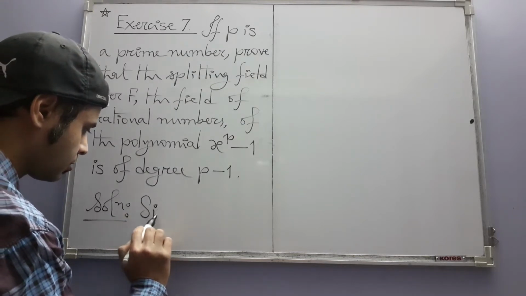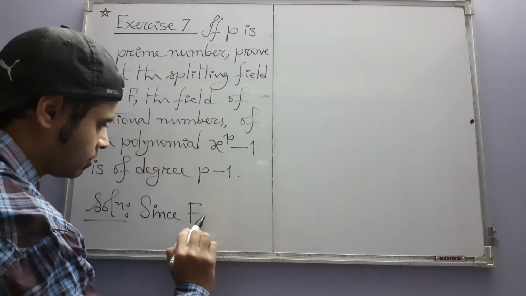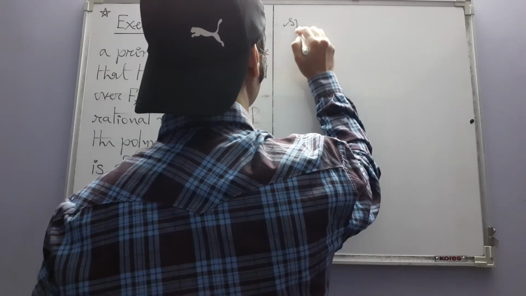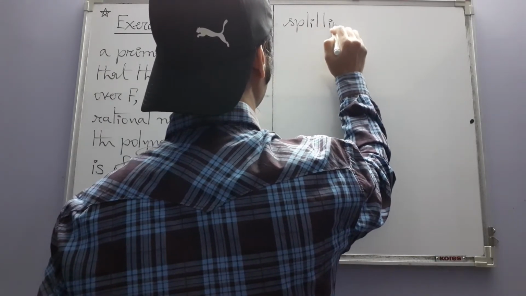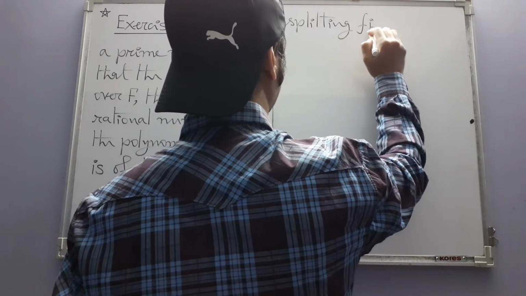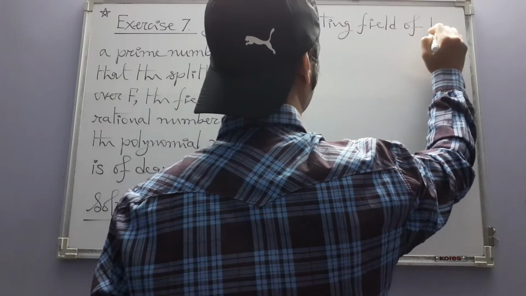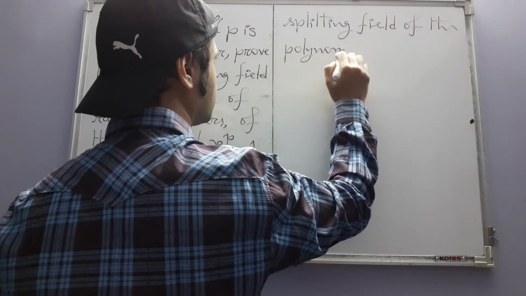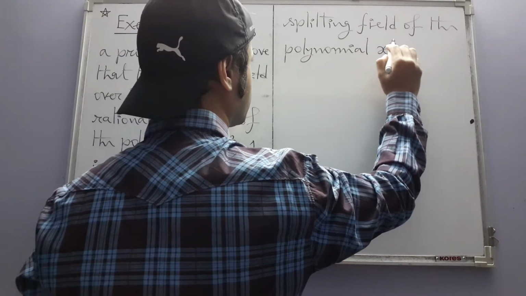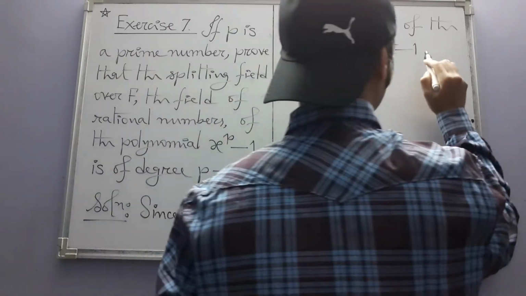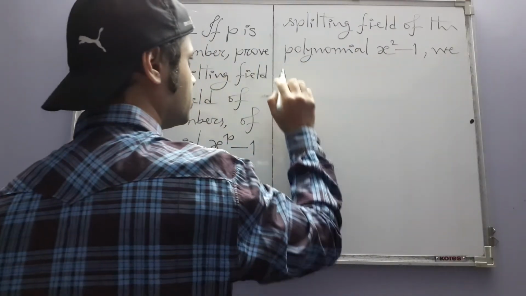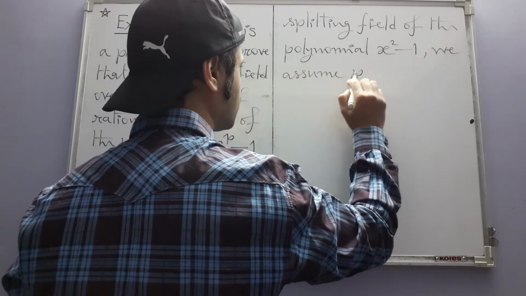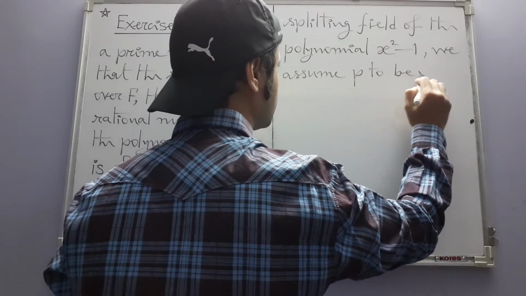Since f is the splitting field of the polynomial x square minus 1, we assume p to be odd.